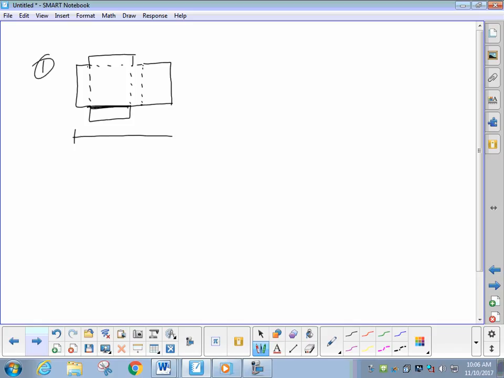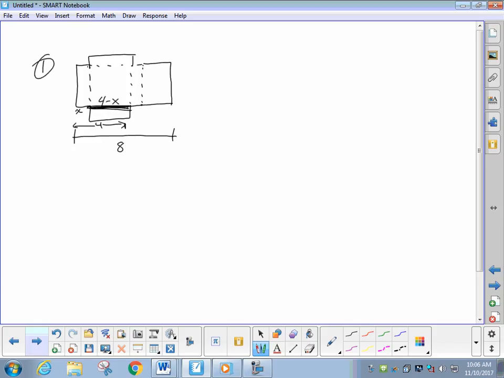This whole thing was 8. Notice that among the 4 chunks, it's 2 identical bases and tops and 2 sides. So I could look at half the picture and say this is 4. Now if this then is some unknown size of a square being cut out, then what is this side?